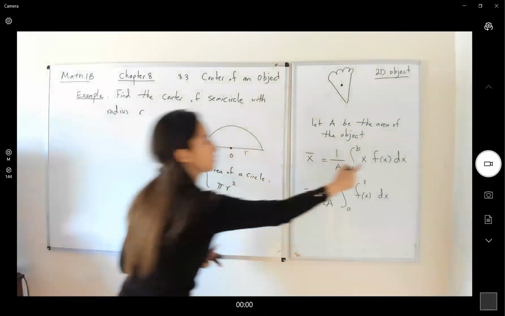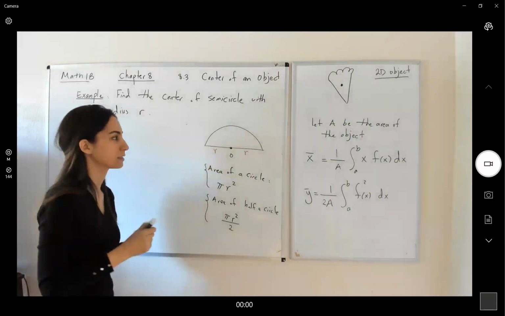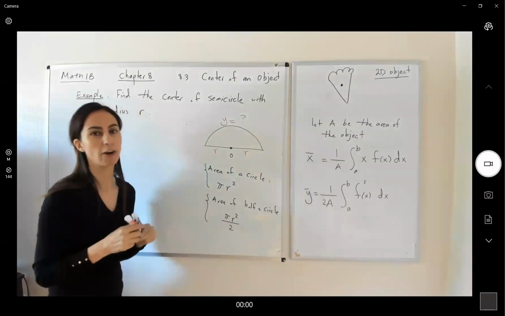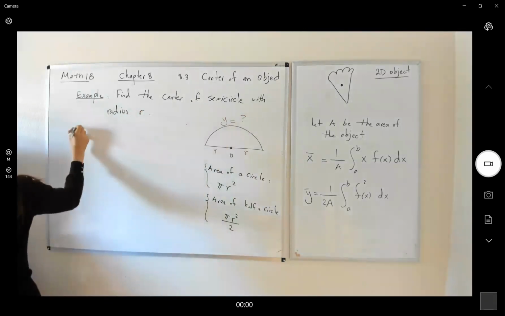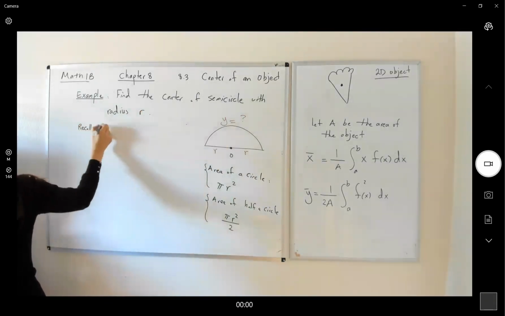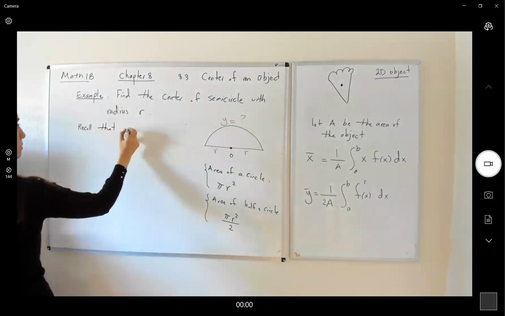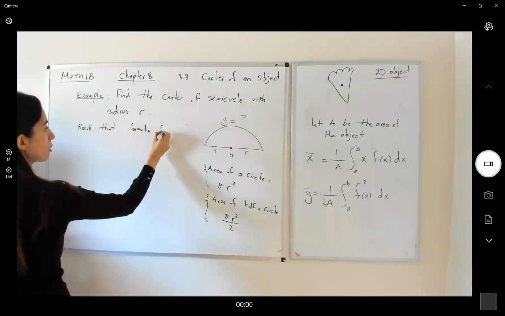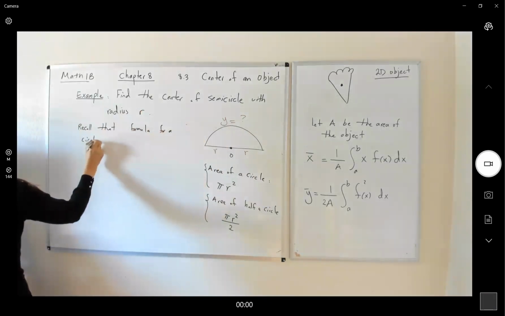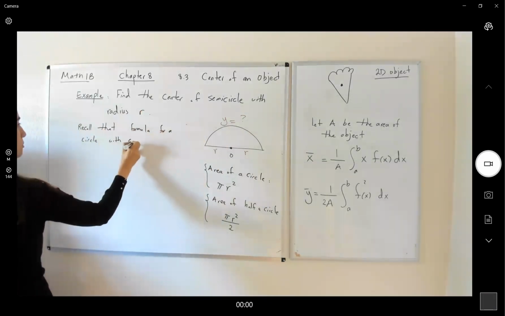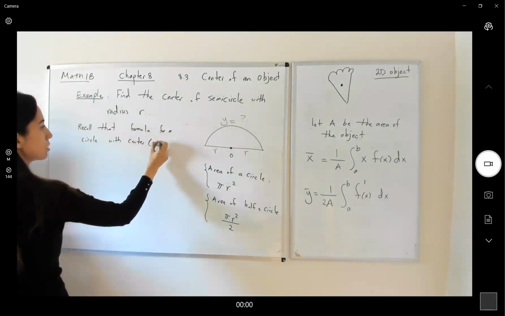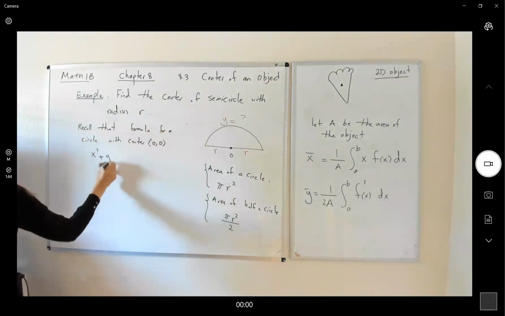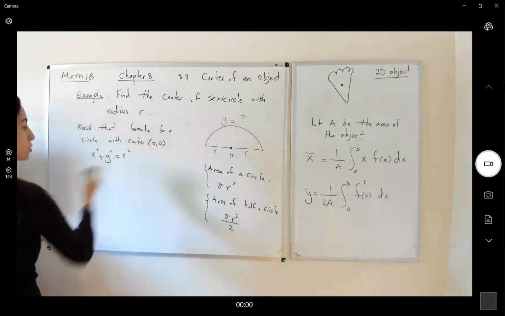So your goal is to find f of x. What is your y? What is your f of x? Recall that the formula for a circle with center at the origin, 0 and 0, with radius r is x squared plus y squared equals r squared.